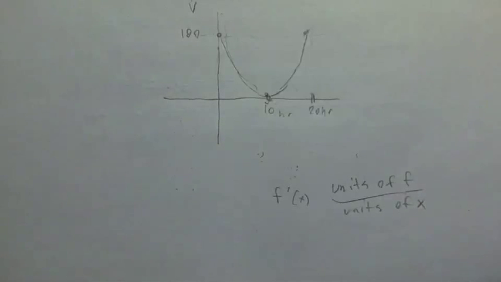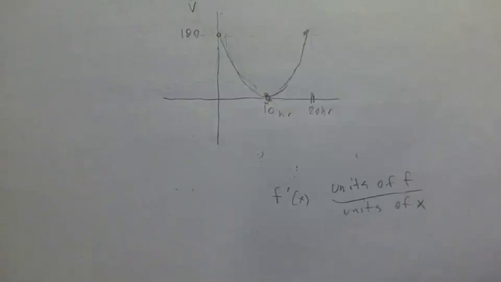Okay? If I have a population of people, and I look at the derivative, and the derivative is in people per year, and I get a negative rate, that means the population is decaying, it's decreasing. If I have money in my account, and the rate is in dollars per year, let's say, and I get a negative rate, that means at that year, the money in my account is decreasing. I'm losing money.